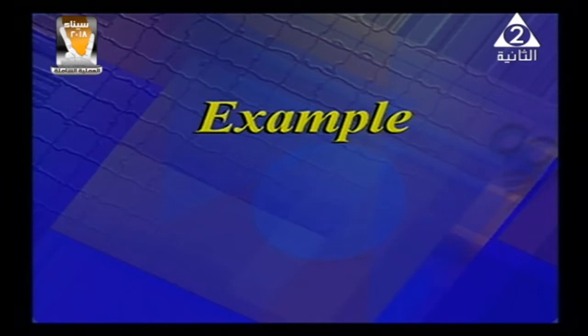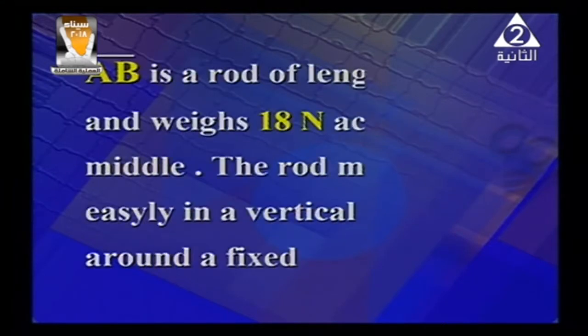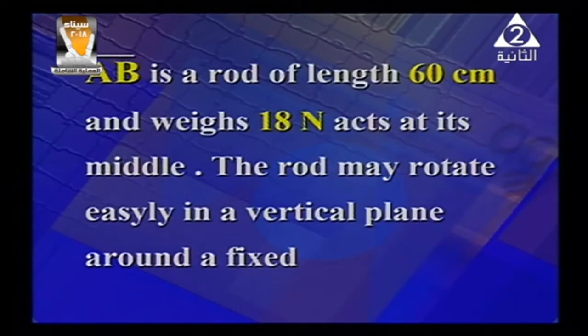Another example. AB is a rod of length 6 centimeter and weighs 18 Newton at its middle.